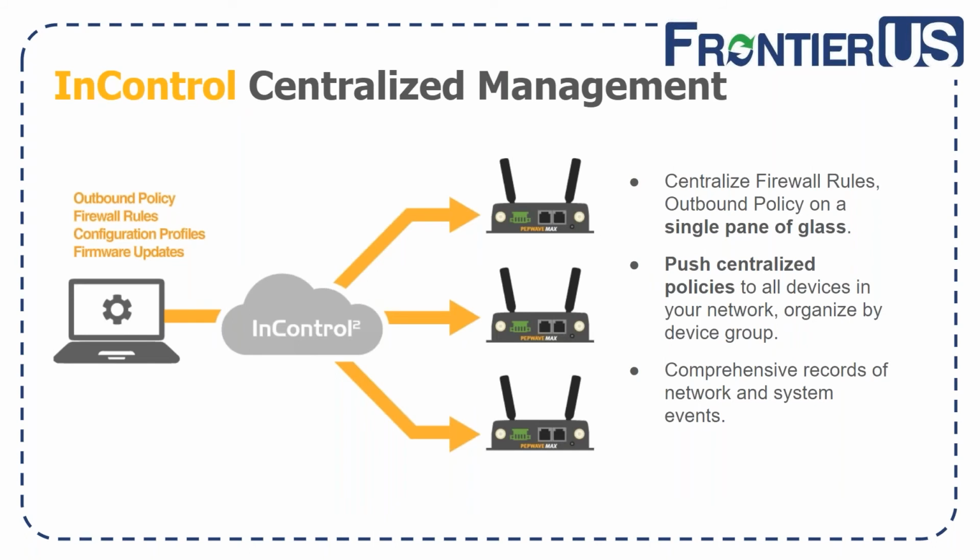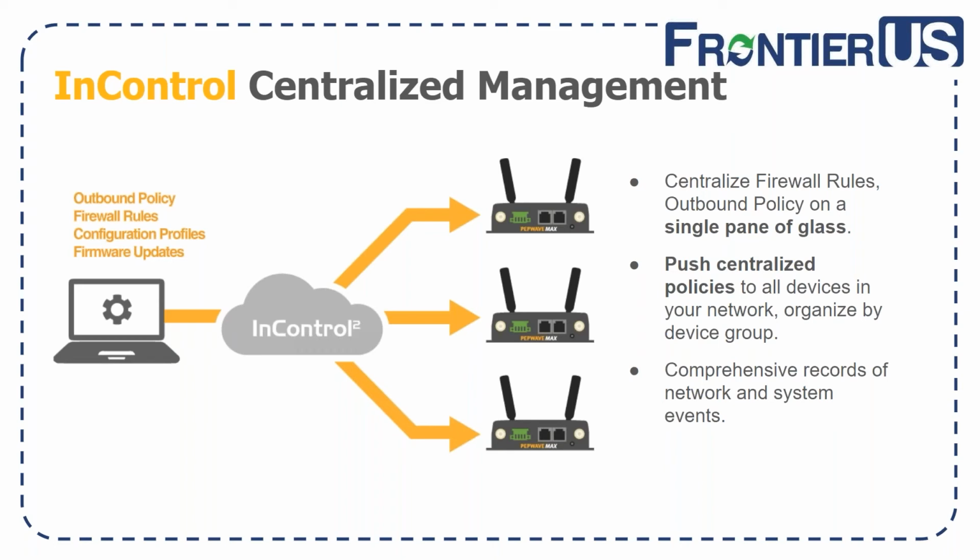And third, you need to be able to manage these devices from one platform. And Peplink is continually working on their InControl 2 platform. This is a one pane of glass access to all your devices and network information. You're able to centralize firewall rules and outbound policies from a single pane of glass.